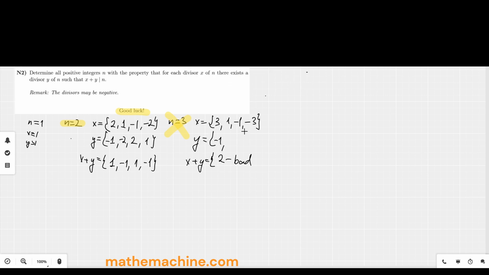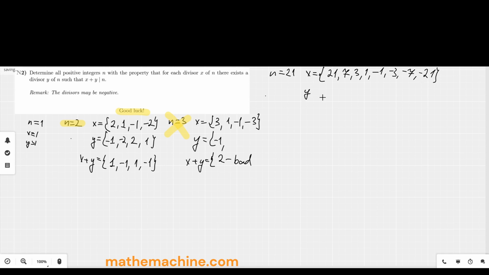Let us explore this idea with the second best option a little bit further. So let's take n equals 21. We consider all the divisors in descending order: 21, 7, 3, 1, and then -1, -3, -7, -21.